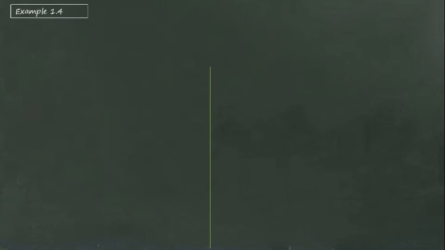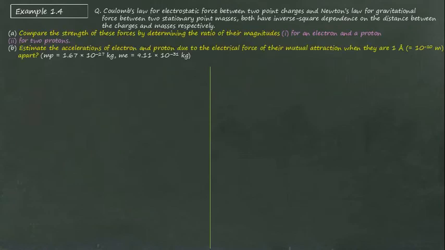Example number 1.4. Coulomb's law for electrostatic force between two point charges and Newton's law for gravitational force between two stationary point masses both have inverse square dependence on the distance between the charges and masses respectively. Compare the strength of these forces by determining the ratio of their magnitudes for an electron and proton and for two protons.